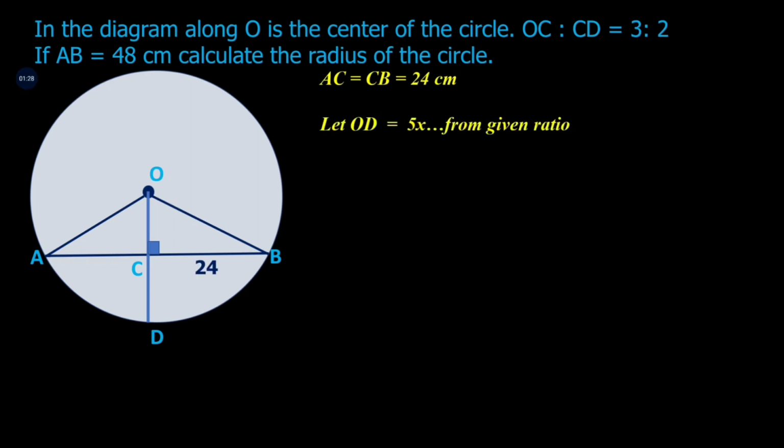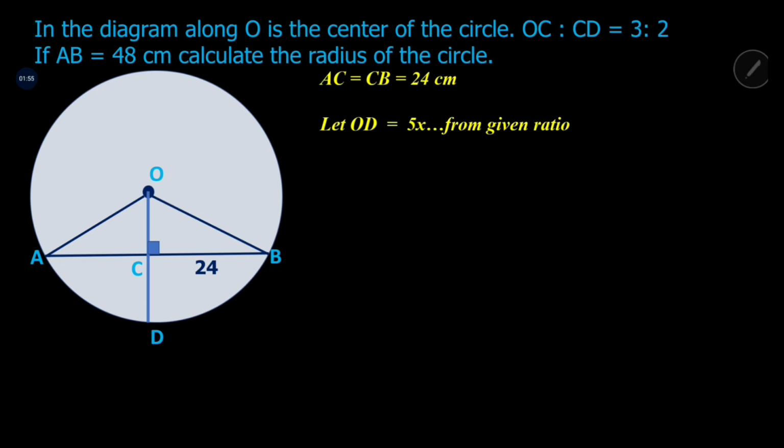Now, we're given this ratio 3:2. The common mistake is to take these values to mean that the length of OC is 3 centimeters, the length of CD is 2 centimeters. That's not what it means. Remember, guys, ratio means proportion. So it means OC is actually 3 parts, CD is actually 2 parts.